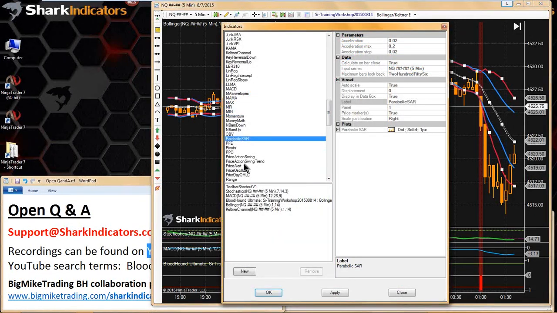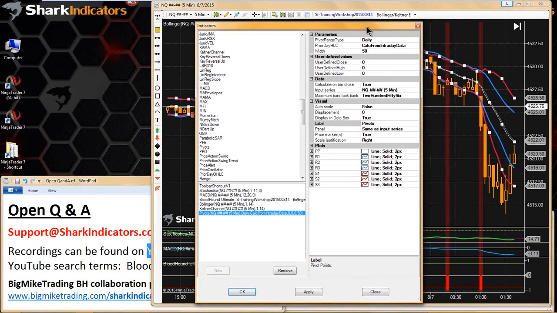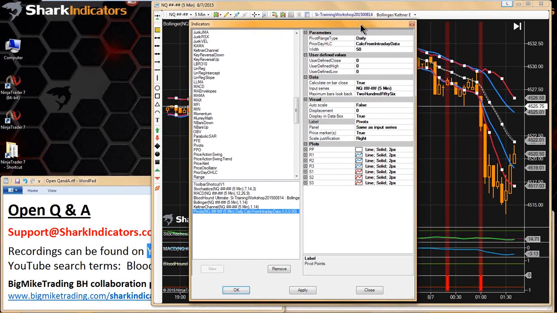I'm going to use the pivot indicator to demonstrate our support and resistance. Here's a critical condition to be aware of with NinjaTrader.